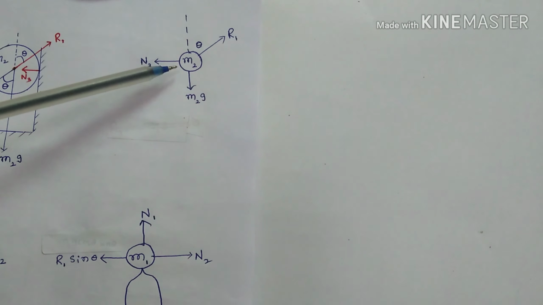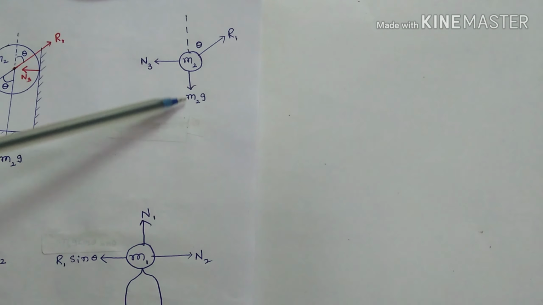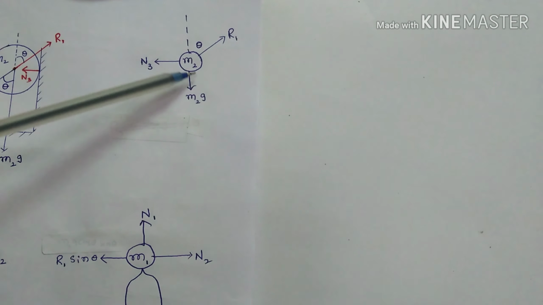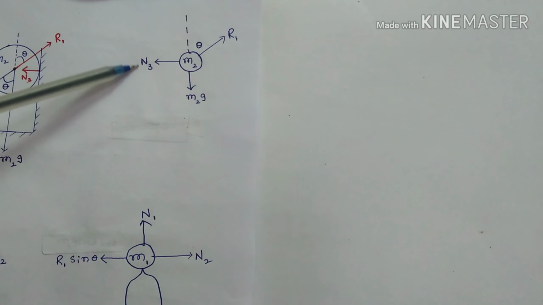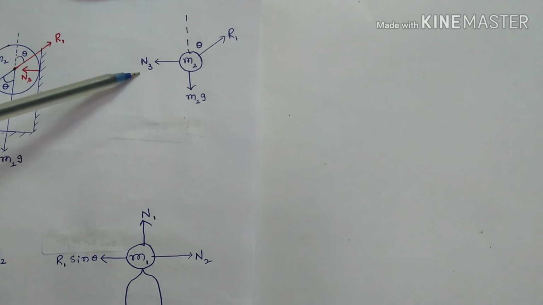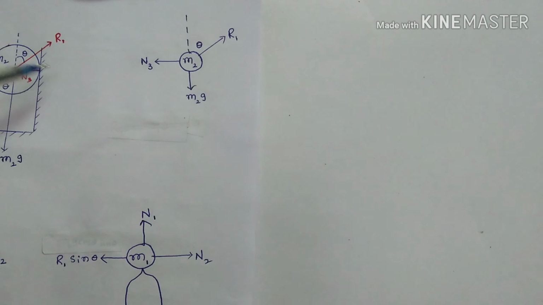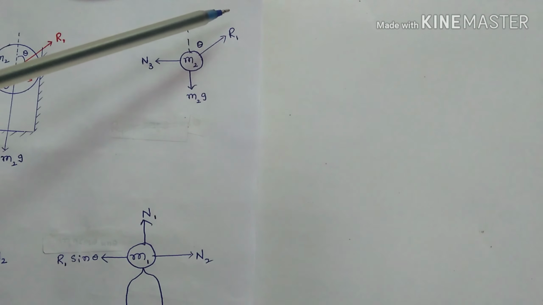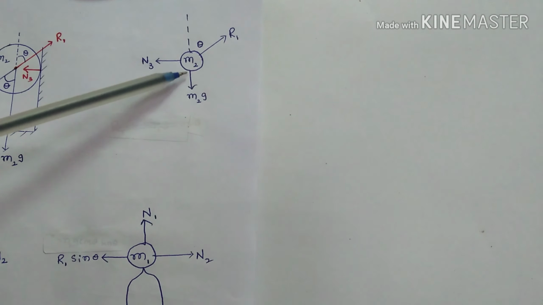Free body diagram for M2. Downward M2G, that is due to weight. Left side N3. This is the normal reaction force exerted by this surface. Along this direction R1, that is the reaction force exerted by mass M1 on M2.